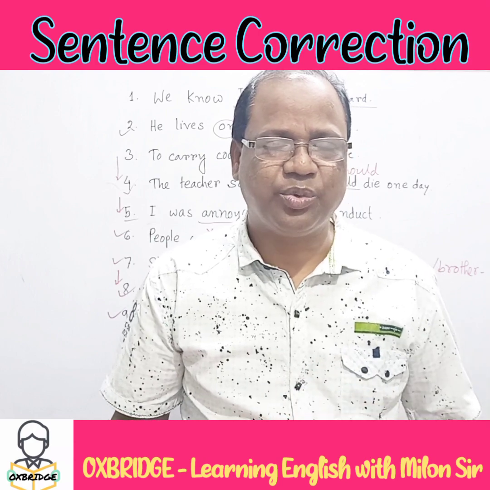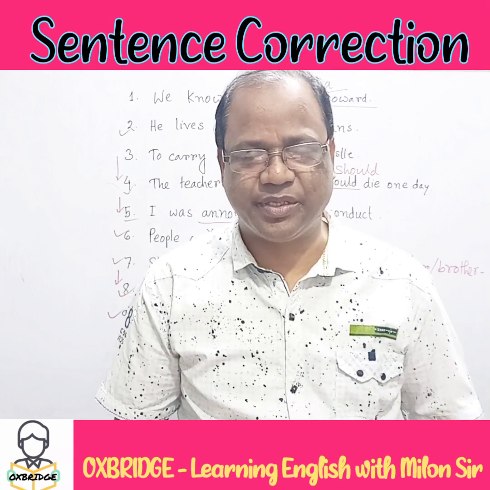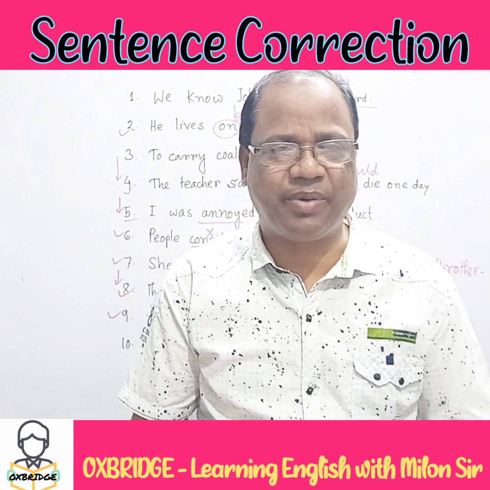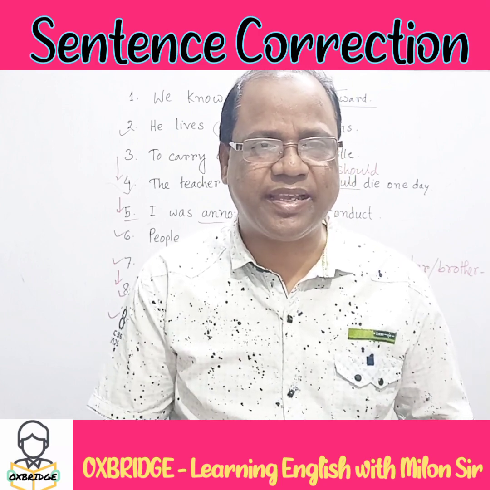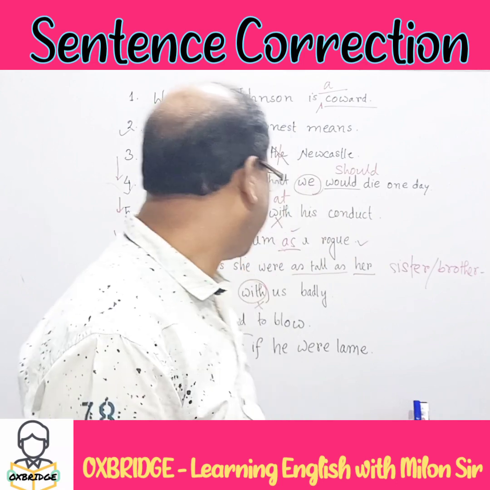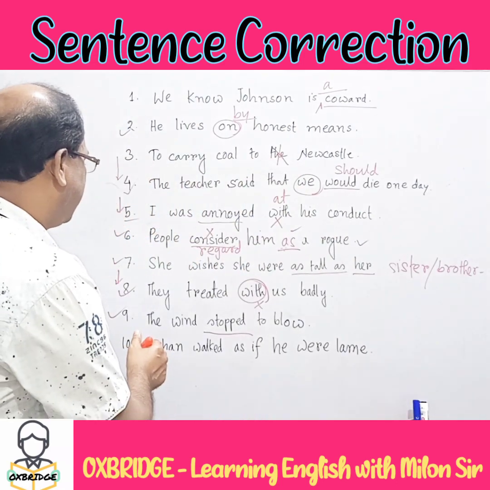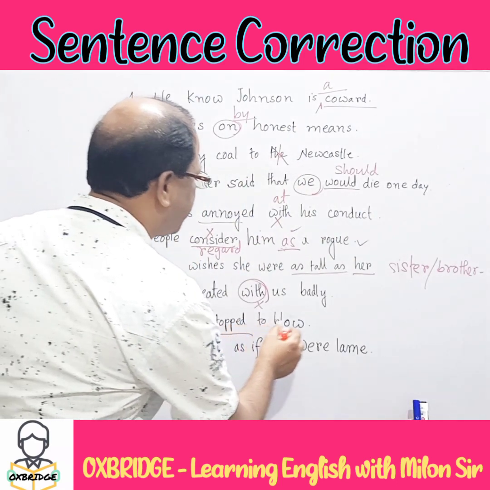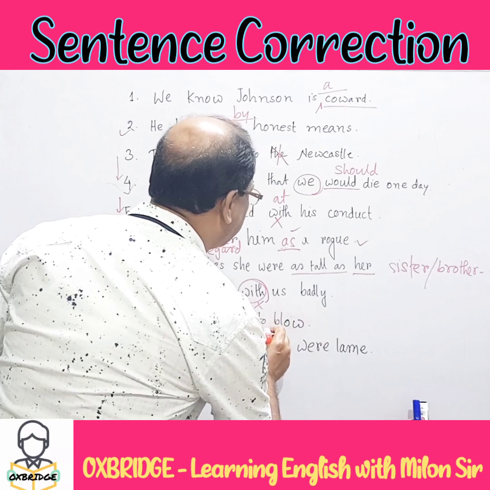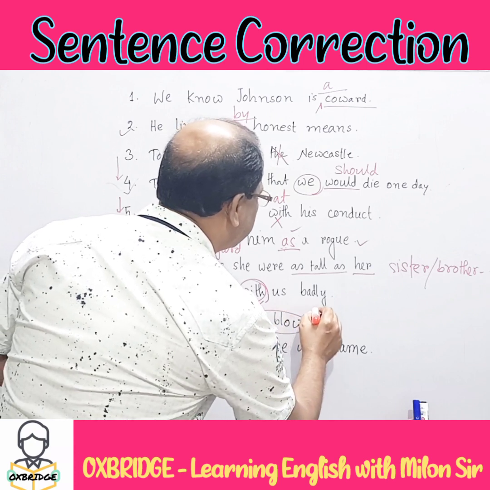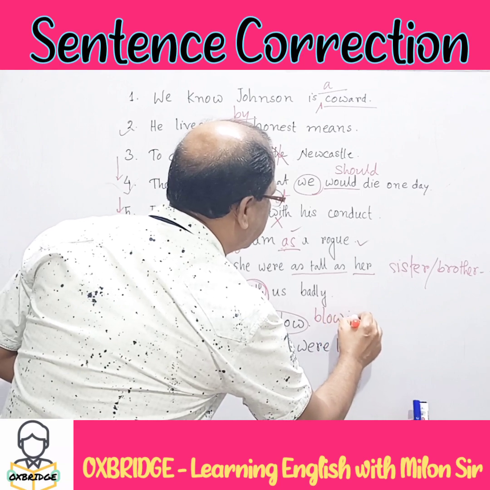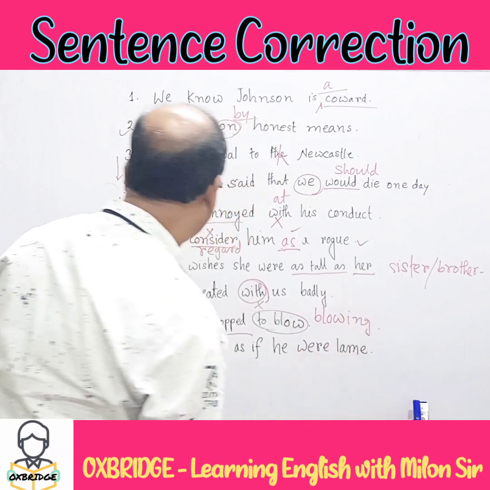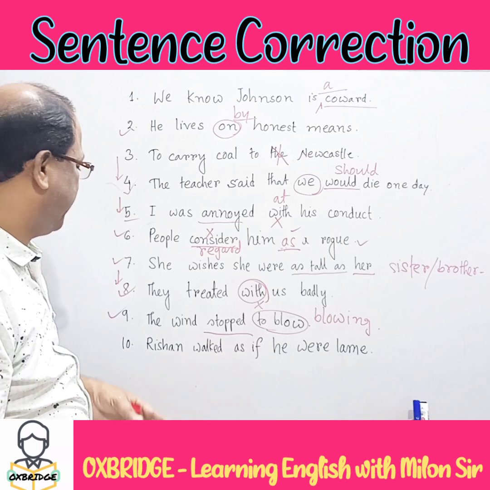In this way, we can use the ing form of the verbs. So mind it, after certain verbs, as I have already told, we have to use the ing form of the verb. So, correct the sentence: the wind stopped blowing. To blow is the wrong one. We just have to use the ing form here.